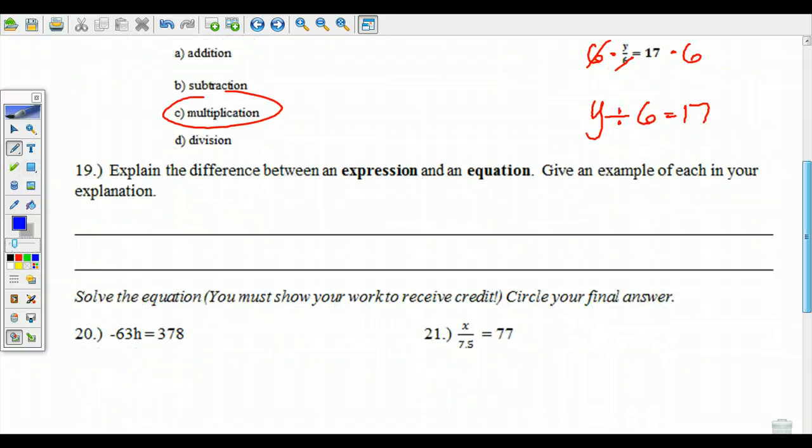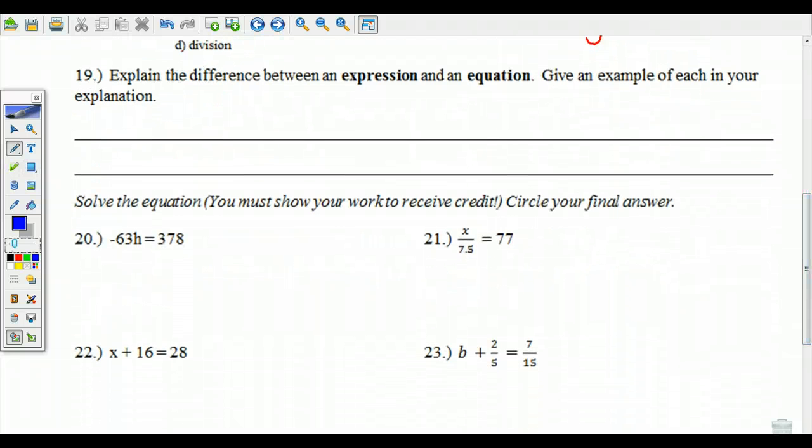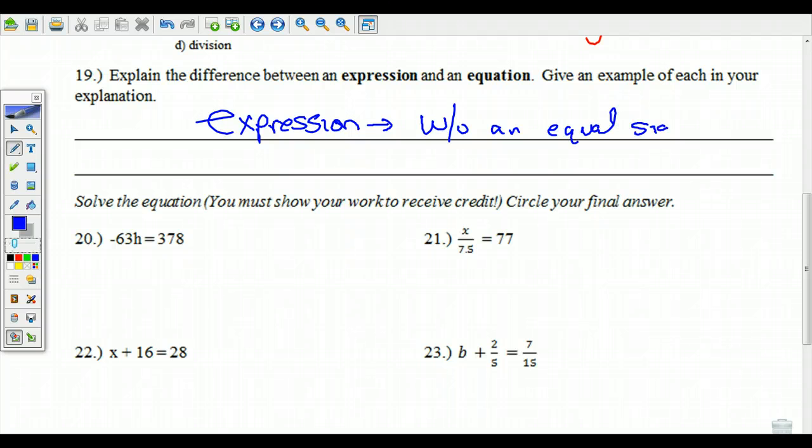In number 19, this won't be on your test, but it's just something I wanted to see what you guys knew so far. An expression, these are the combining like terms questions. Anything without an equal sign. An example would be something like 2x minus 3 times x plus 1.